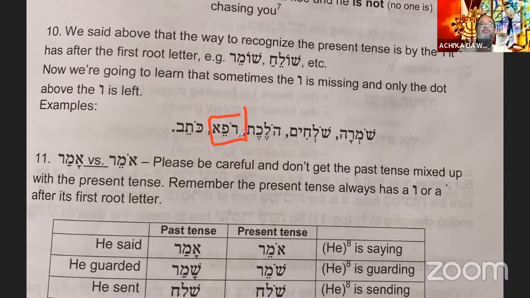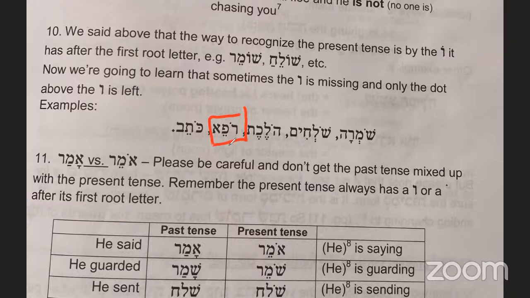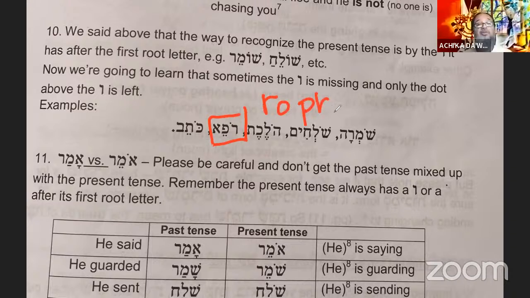How do you say that word? Rofe. I know rafa has to do with healing and medicine, so it probably has to do with a doctor.